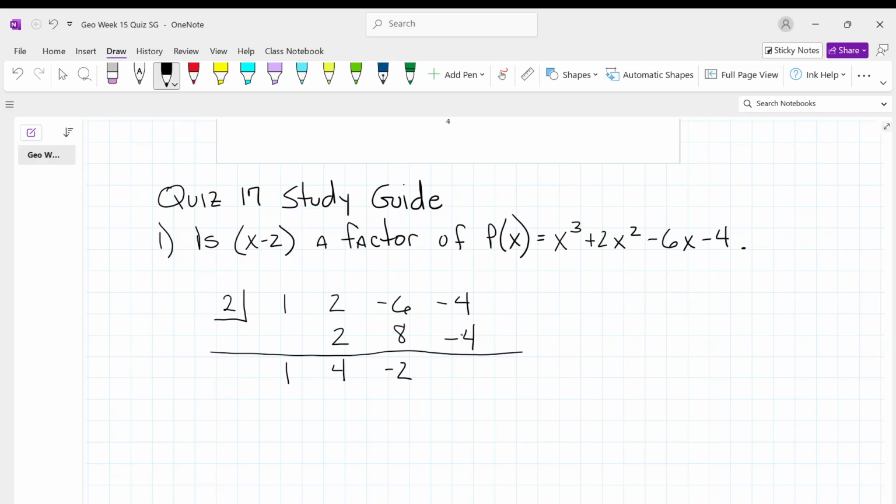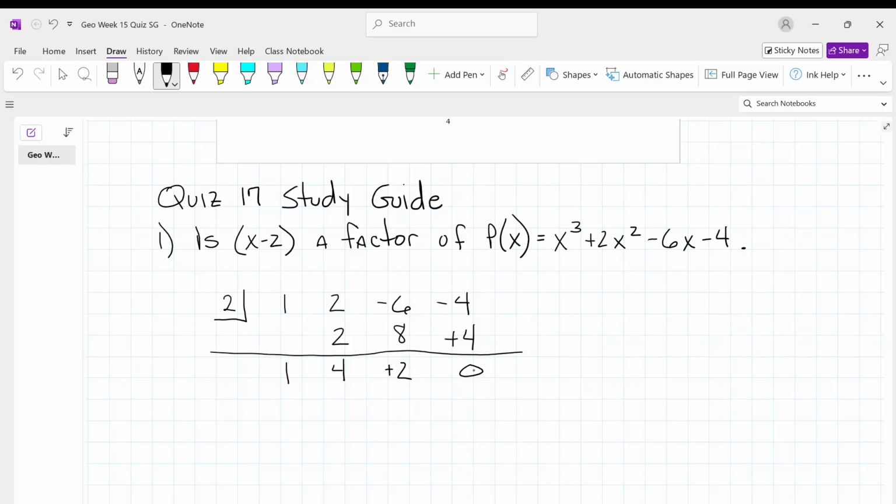And when we add these together, I should have gotten a positive 4. This is supposed to work here. So negative 6 plus 8 is positive 2, and 2 times positive 2 is positive 4. Negative 4 plus 4 is 0.